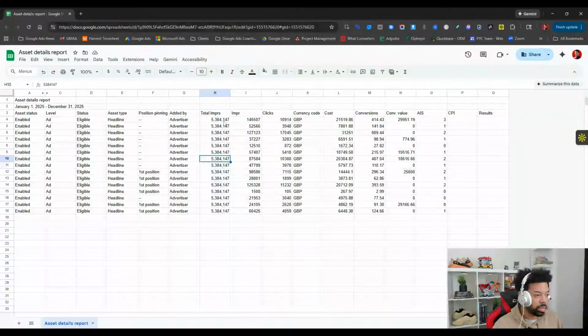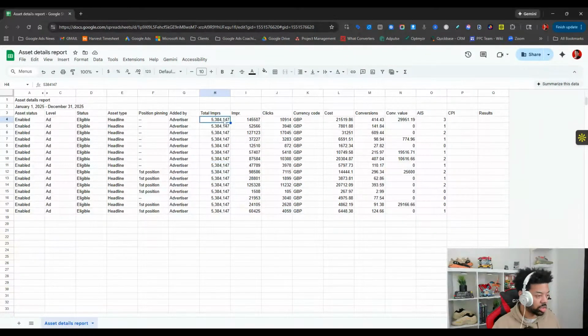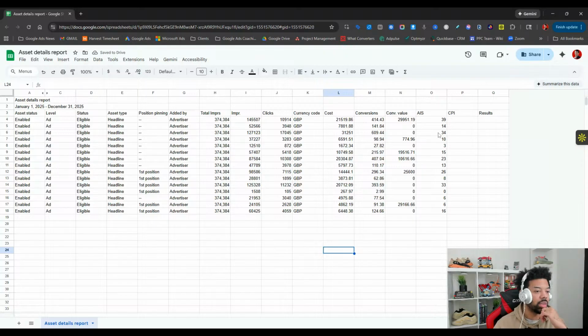So that would be, instead of this 5 million, which is crazy, actually 370 something thousand. There we go. Copy and then paste it for the rest of these. And so now these numbers actually make sense, because I was like, they're like 1% and 2%.